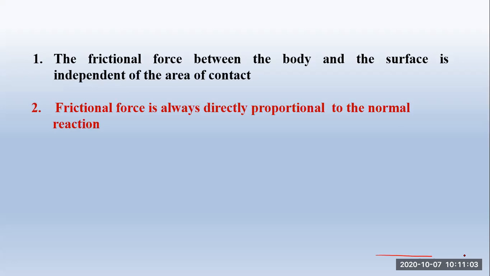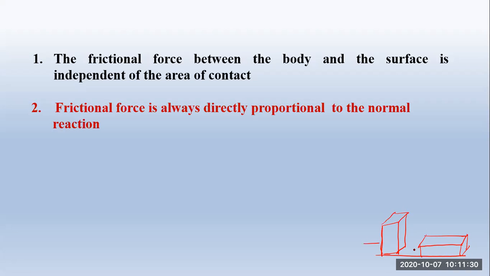Suppose I have a surface and I have a brick. A brick is placed like this, and the same brick, if I place it like this. In these two orientations, in the first case you can see the surface area in contact with the table is small. In second case it is large.